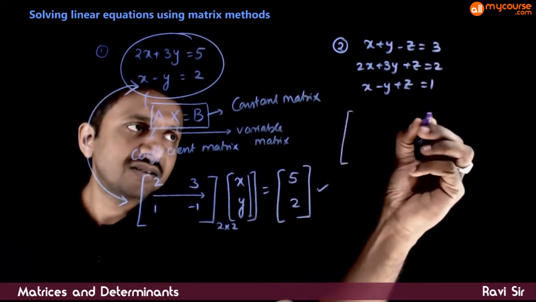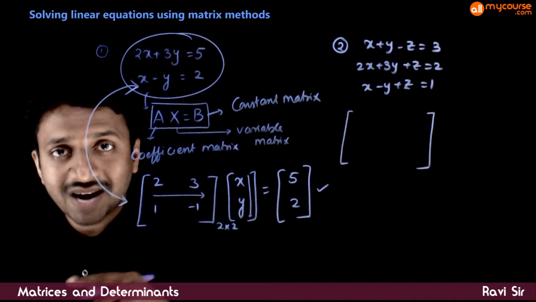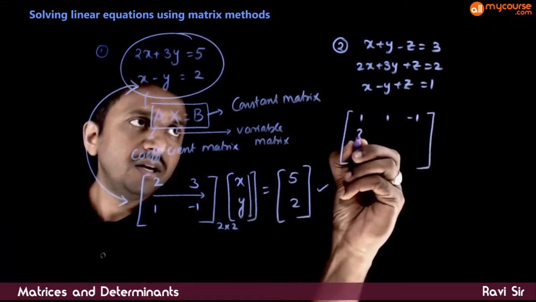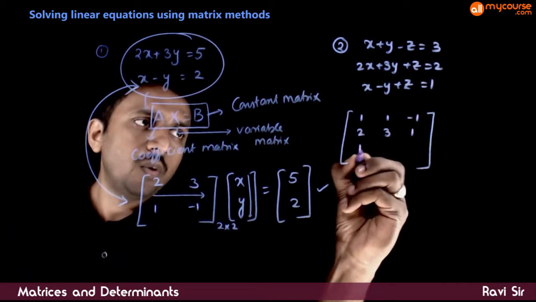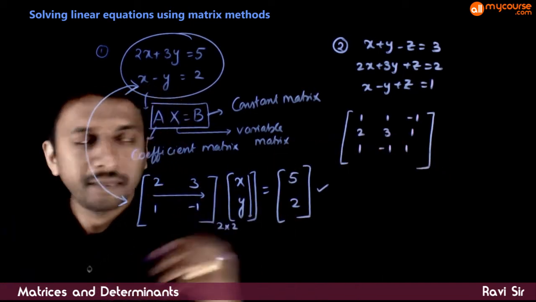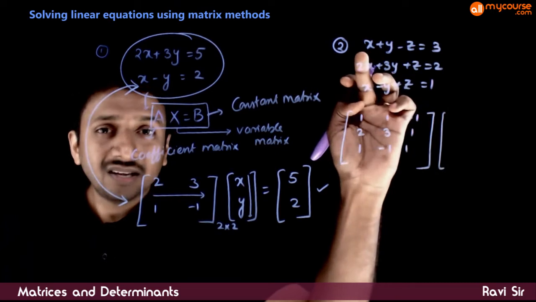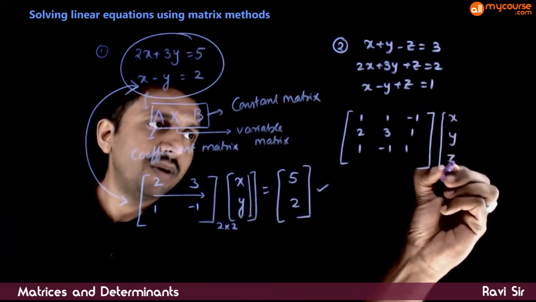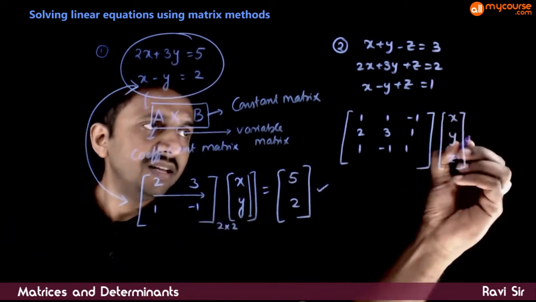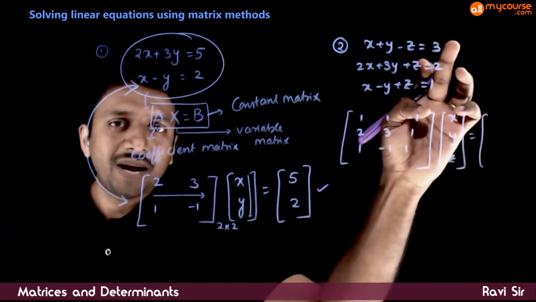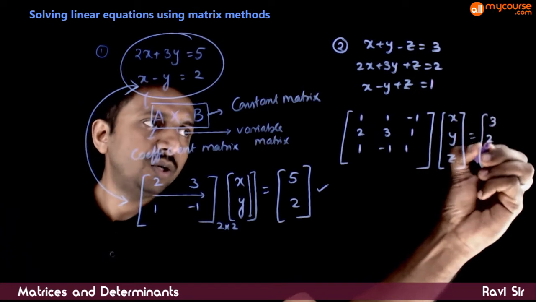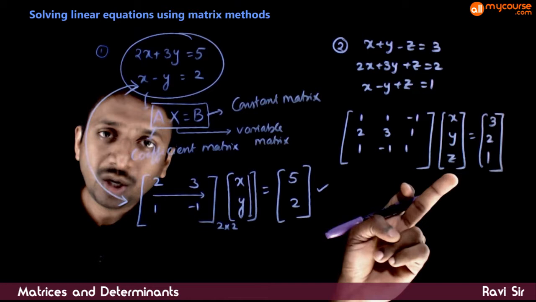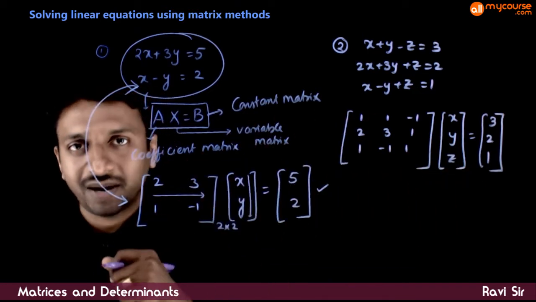For the coefficient matrix, write all the coefficients: 1, 1, minus 1, 2, 3, 1, 1, minus 1, 1, times the variable matrix. The variables in this column are x, y and z, is equal to the constant matrix, that is 3, 2, 1. So coefficient matrix into variable matrix is equal to constant matrix.